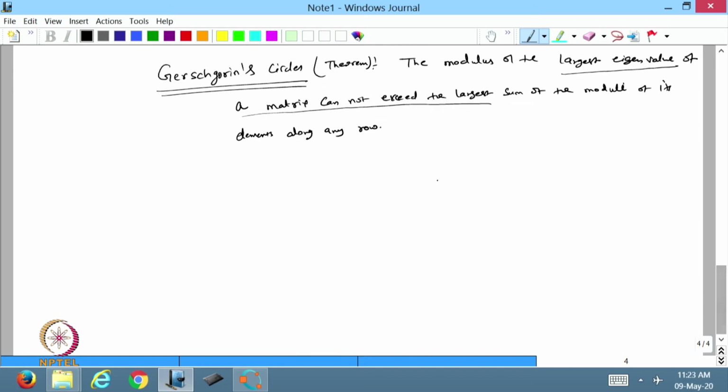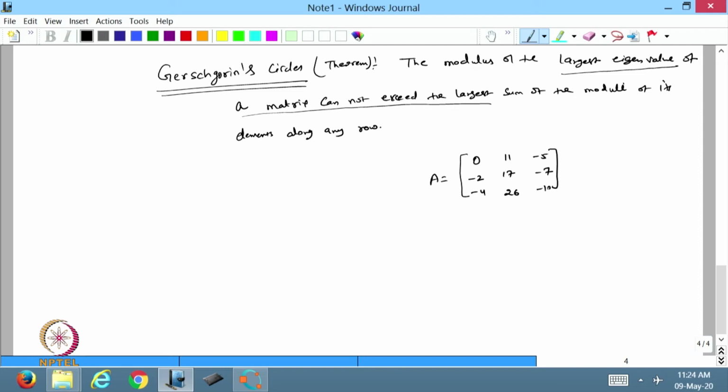So, what is the meaning of this? It says that if I take a matrix A, the same matrix we can take: 0, 11, minus 5; minus 2, 17, minus 7; minus 4, 26 and minus 10.